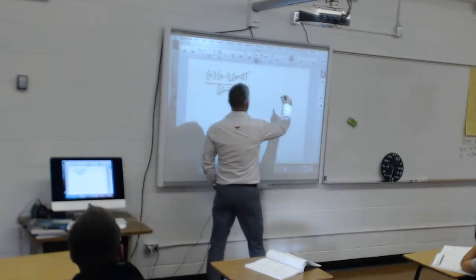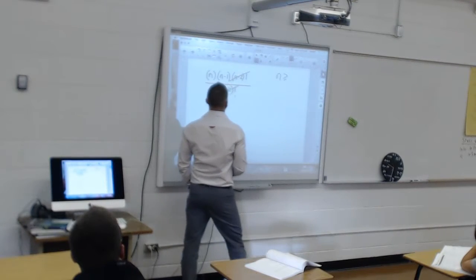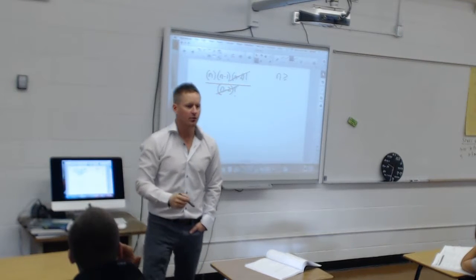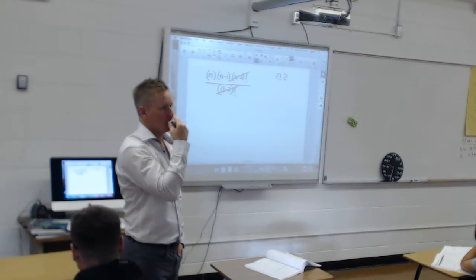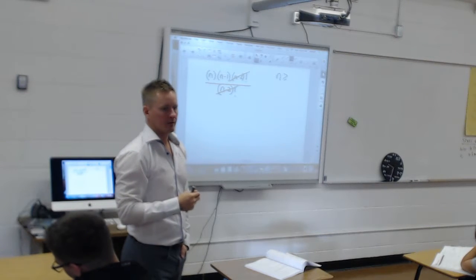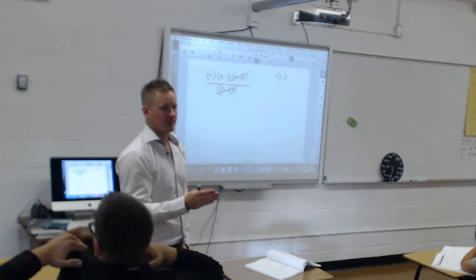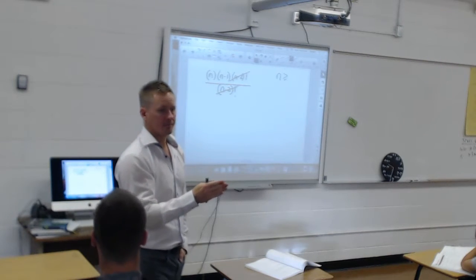So n would have to be greater than or equal to... Okay, so the smallest possible n value would be 2, right? Or I guess it could be 1. Theoretically, you can have 1 factorial, right? But you can't have 0, but we only go to 1.